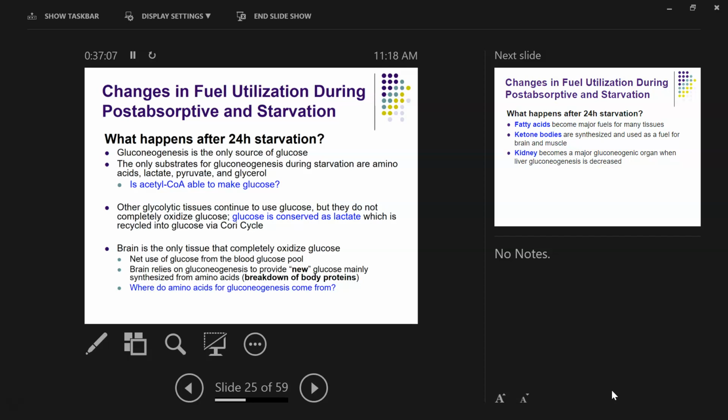If you still remember, we have two important gluconeogenic cycles, the Cori cycle and the alanine cycle, right? Both cycles use different precursors. And during this stage, the brain is the only tissue that still completely oxidizes glucose, right?